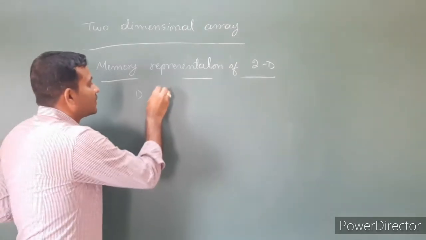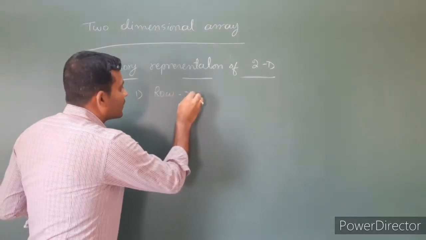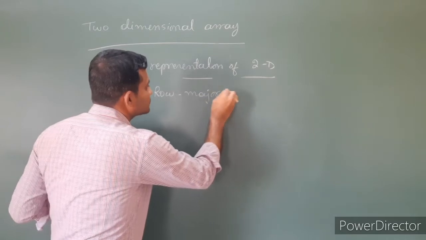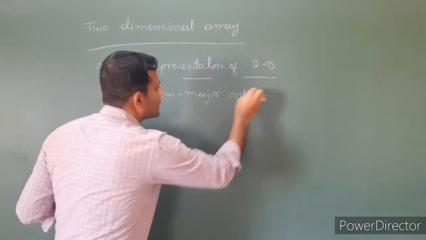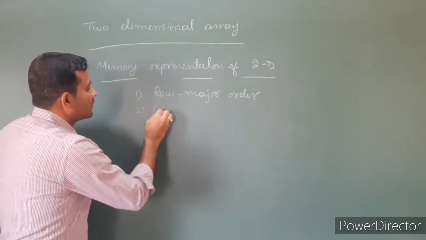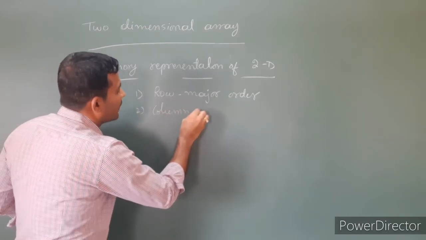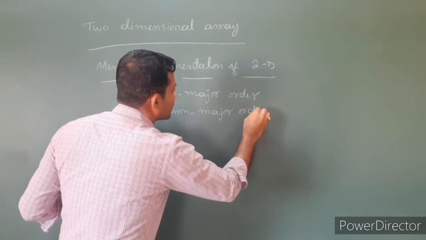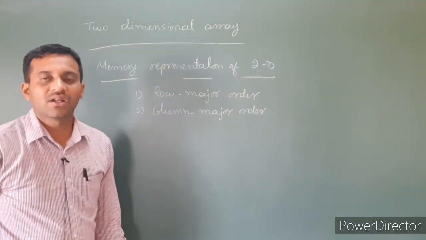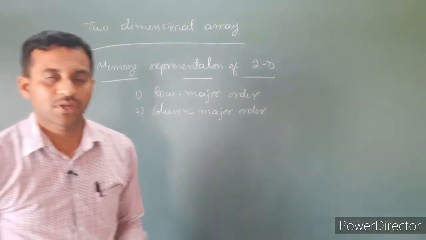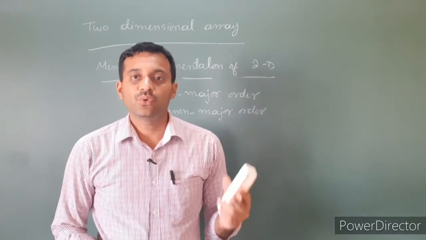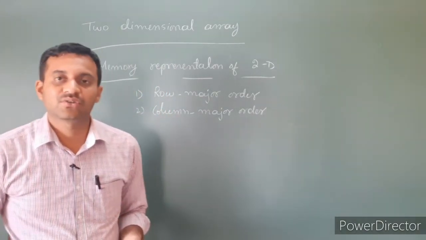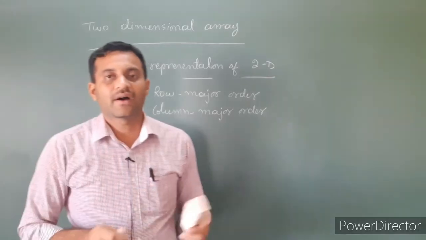First one is row major order. Second one is column major order. These are the two methods to represent memory for a two-dimensional array, because a two-dimensional array has rows and columns.